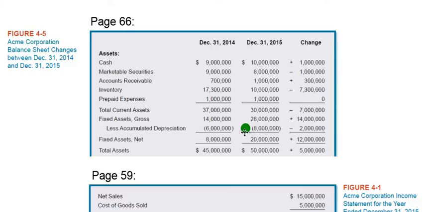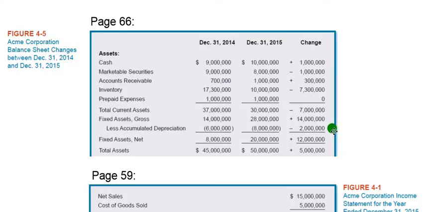So that's a net change. We've actually had added on $2 million. And when I say added on, I should actually say we've lost value over the year. So our plant and equipment has depreciated $2 million during the year 2015. And that's right here under change.